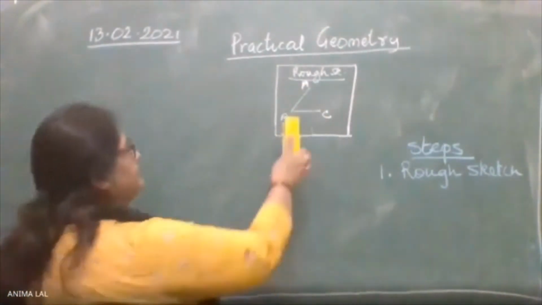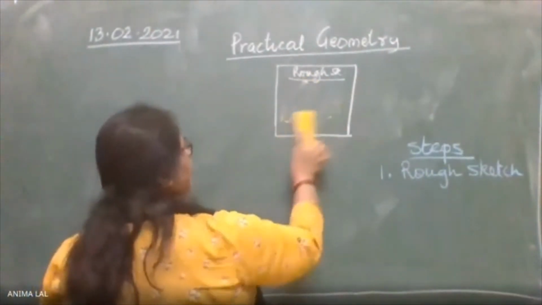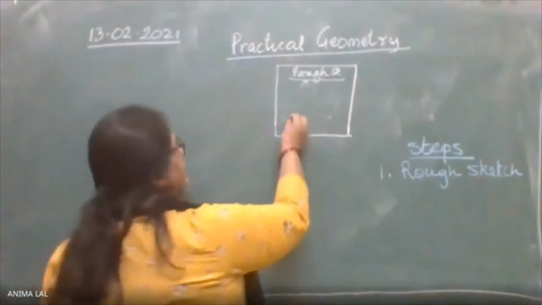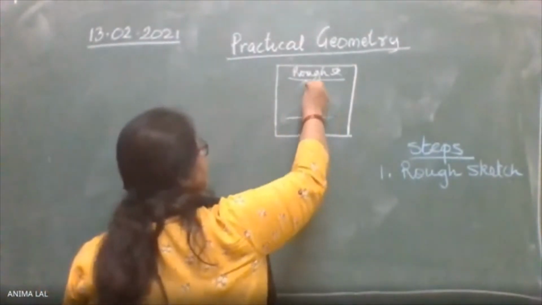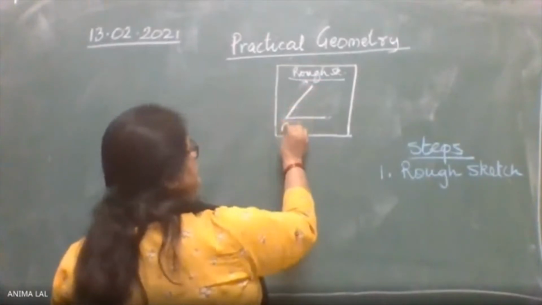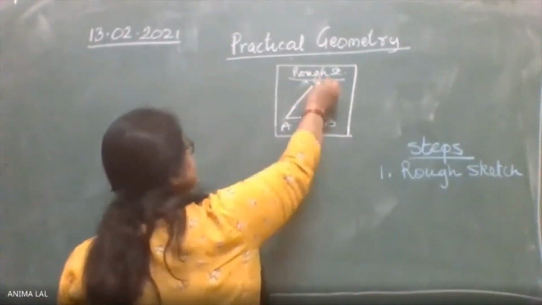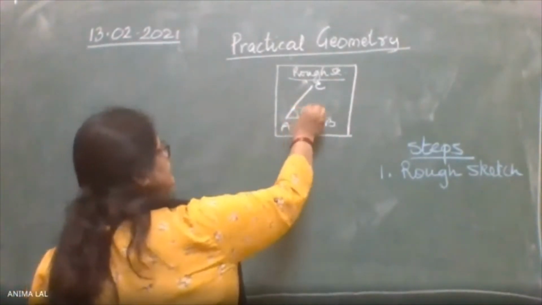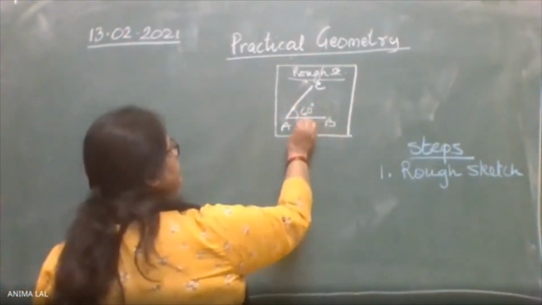Leave it as A only. I have marked it wrong. Angle A. This is A, B, and C. Okay. Angle A is given as 60 degrees and AB is given as 5 centimeters.